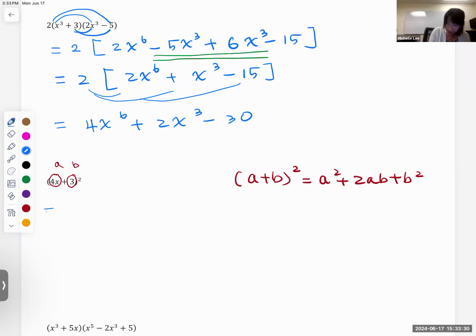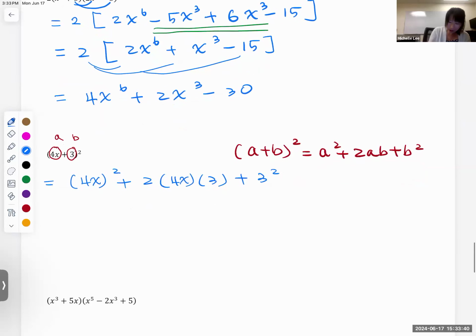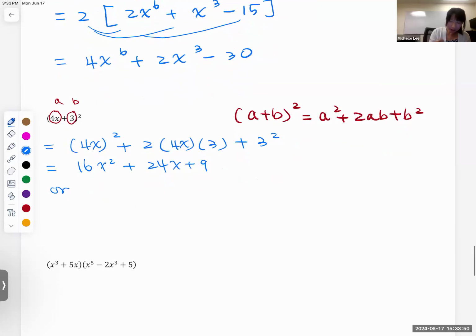So this will be a squared, which is 4x squared, plus 2 times a times b plus b squared. So that will be 16x squared plus 24x plus 9, right?